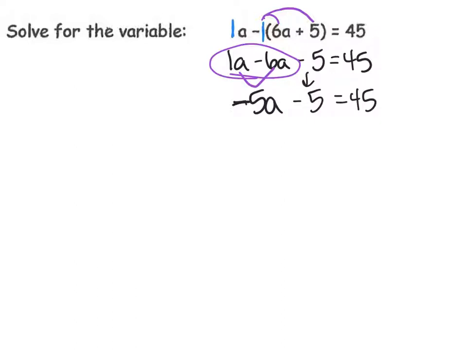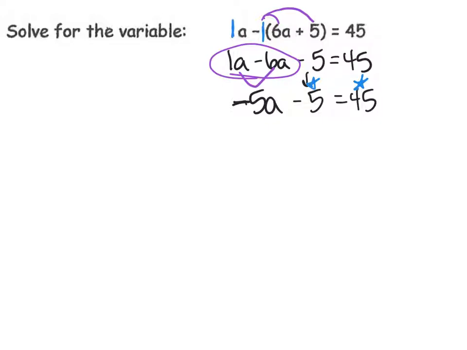Now we're to what we've seen before. This is what we did on Tuesday. I want to get the constants, the plain old numbers, together. How do I get this 5 and this 45, the blue stars, together?